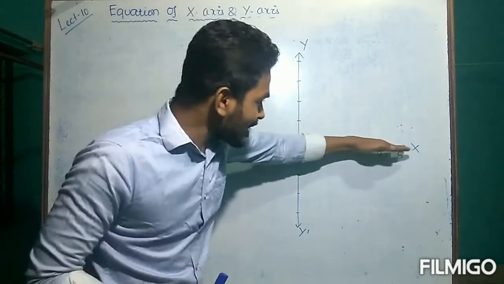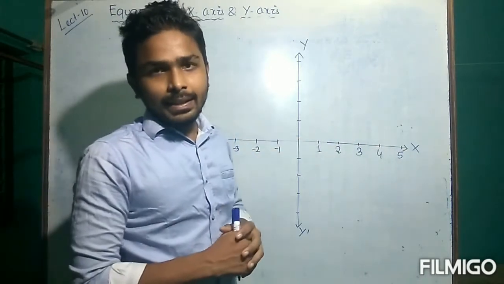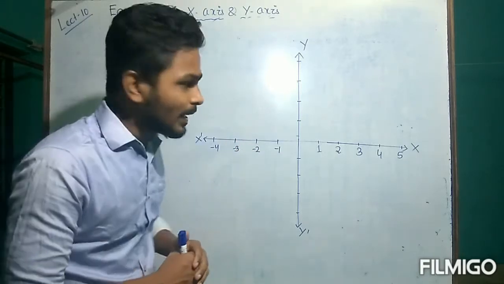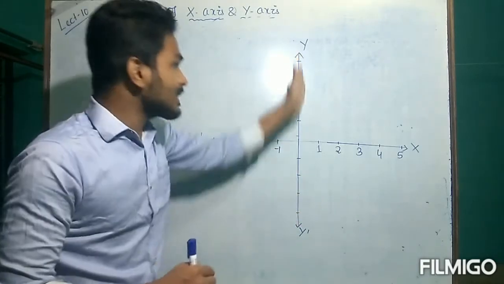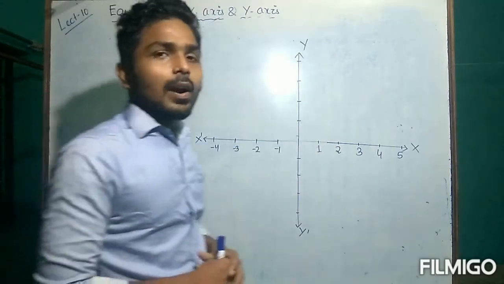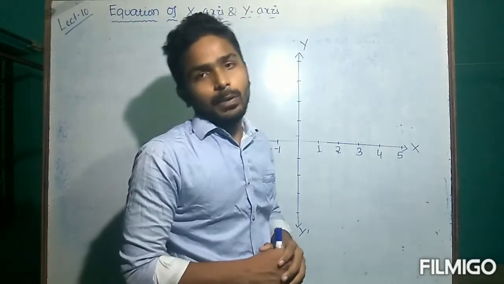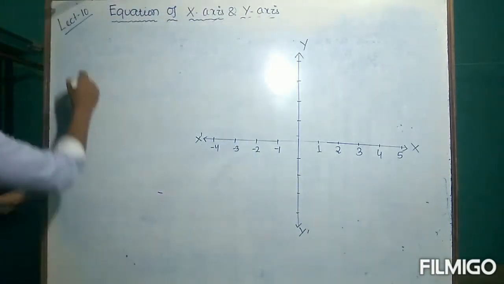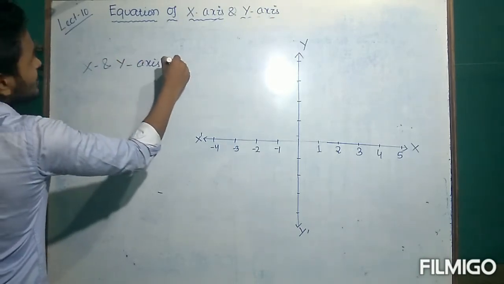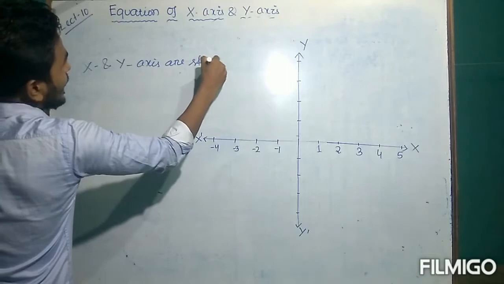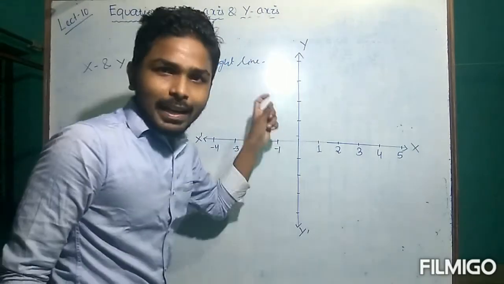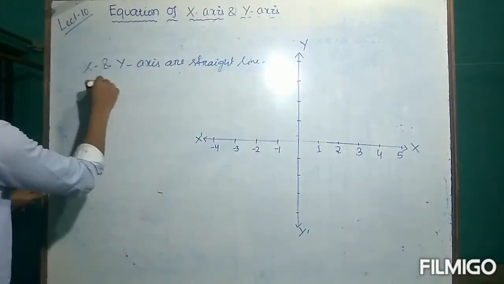Similarly, since the x-axis is a straight line, it must represent a linear equation. Similarly, the y-axis is also a straight line, so it must also represent a linear equation.